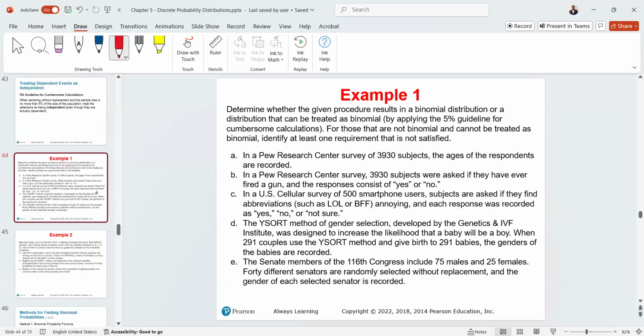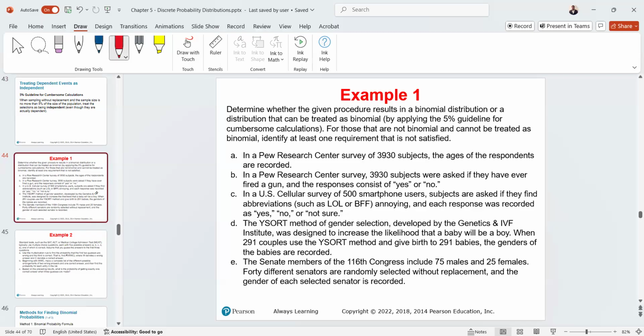But let's see it very quickly in a short example. Not a very short example, because this example is huge, with many questions on it. What we need to do here is determine whether the given procedures result in a binomial distribution or a distribution that can be treated as binomial. For those that are not binomial and cannot be treated as binomial, identify at least one requirement that is not satisfied.